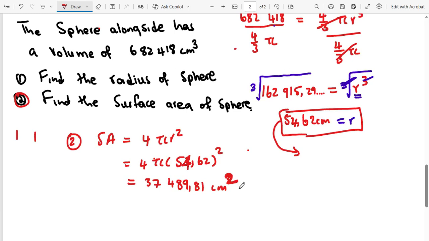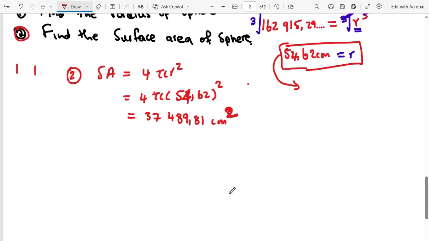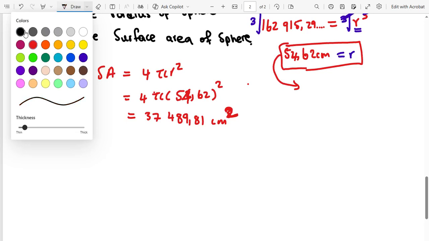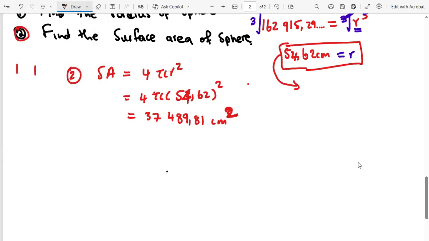This is how easy the question is, but there's a but. This is how they will ask it in an exam. They will give you a drawing like this. I think some of you who look at past papers have already seen something like this. Maybe they'll give you a cylinder that looks like this, a cylinder with a hemisphere.